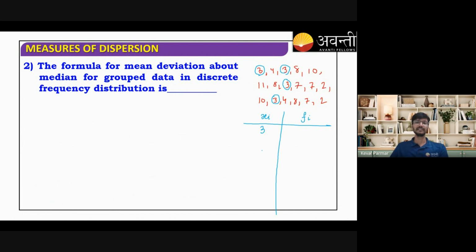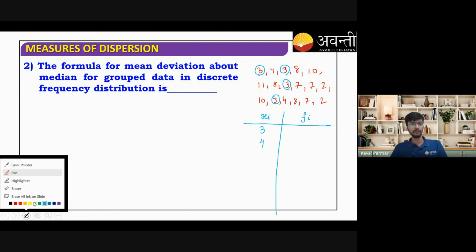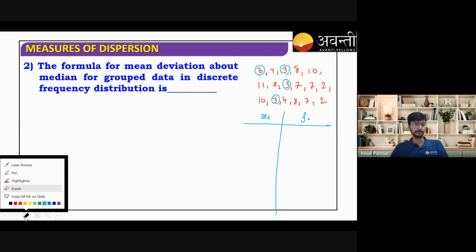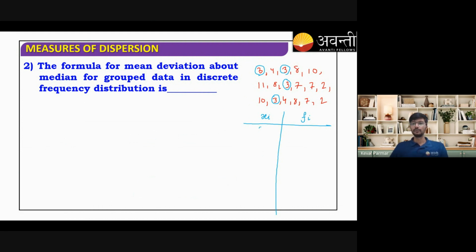First is 2, then 3, 4, 7, 8, 10, and 11. How many times has 2 appeared? 1, 2. So 2 times.